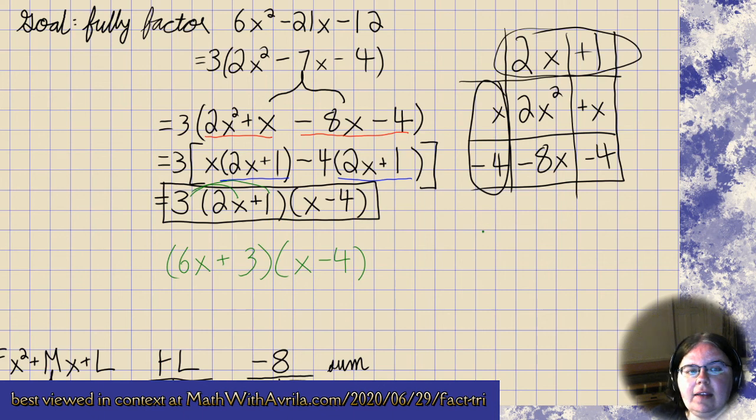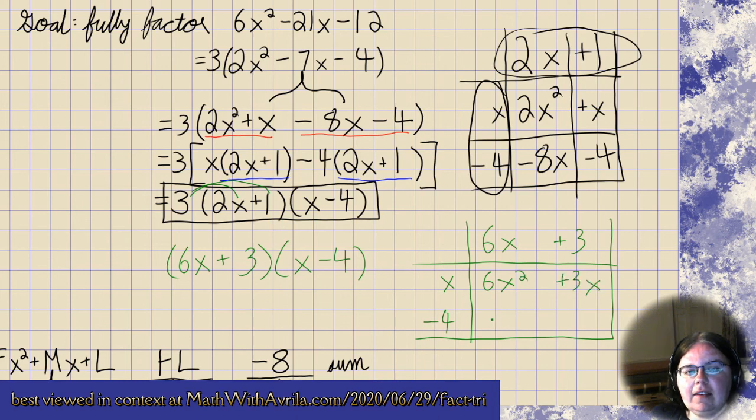Okay. So then where we've got 6x plus 3 and x minus 4, we can go ahead and multiply that out. And we would get 6x squared plus 3x minus 24x minus 12.